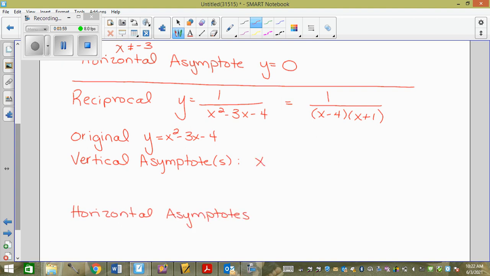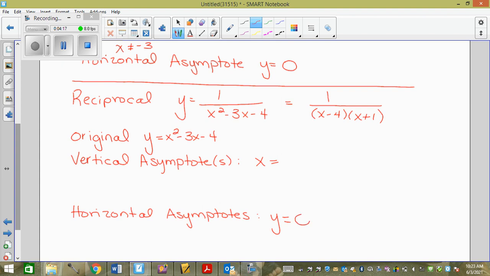Vertical asymptotes are x equals, horizontal asymptotes are y equals. What's my horizontal asymptote for this one? Y equals what? 0, because my numerator is a number, my denominator has variables, correct?